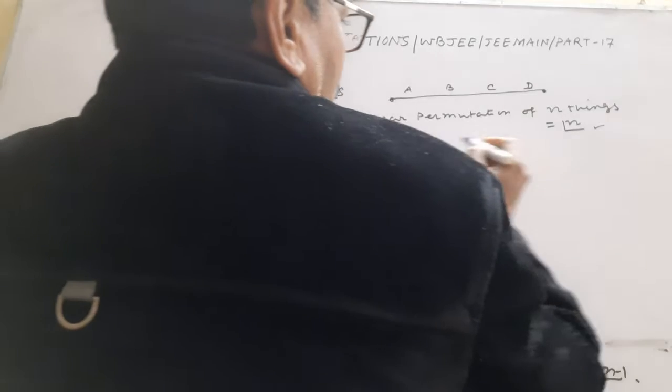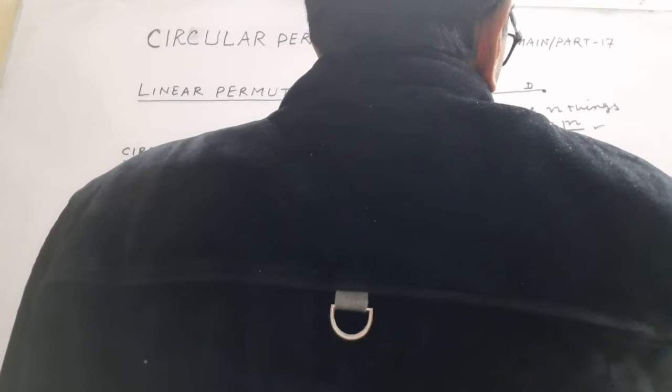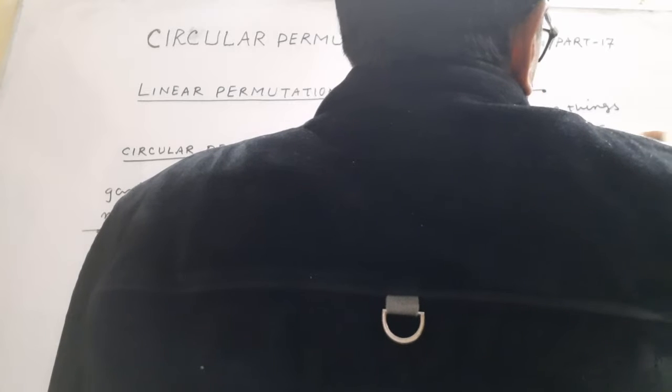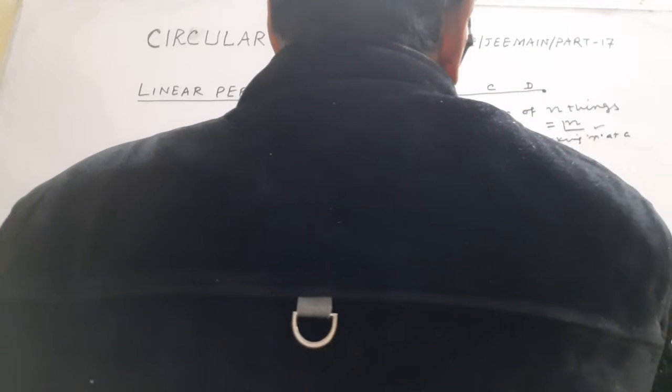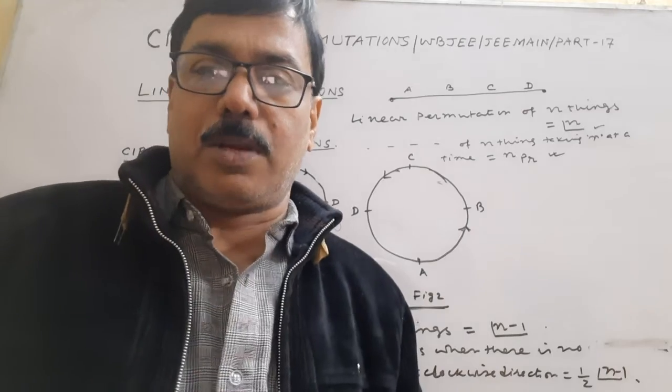Now, linear permutation of n things taking r at a time equals nPr. So this is a result of linear permutation.